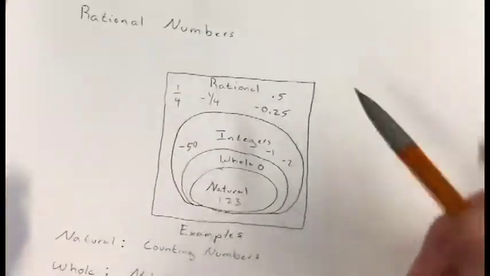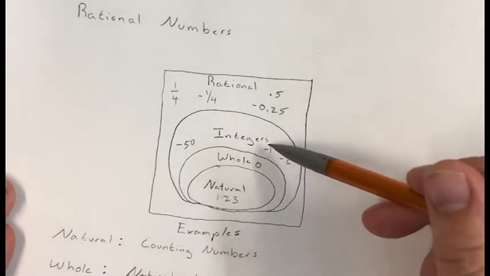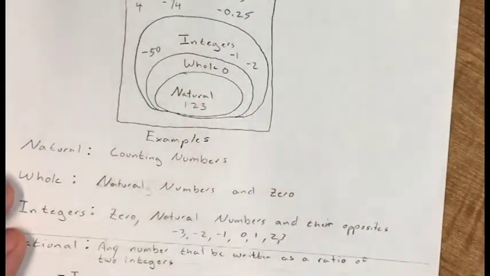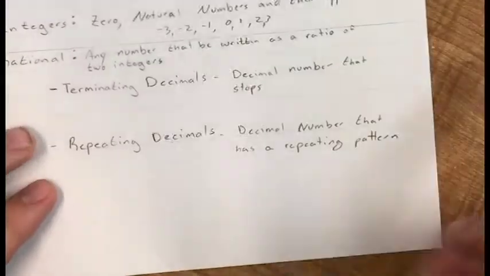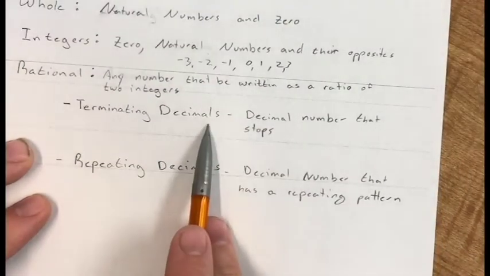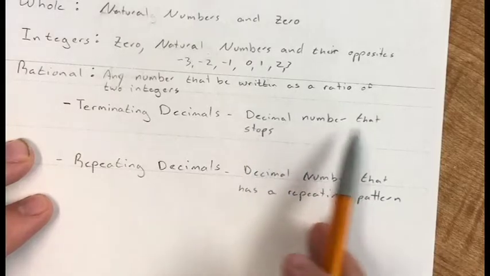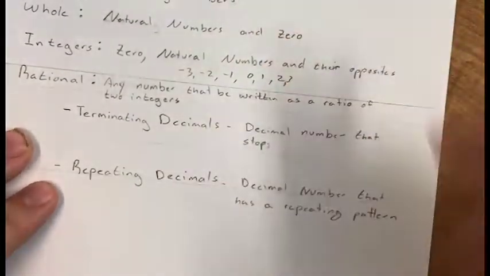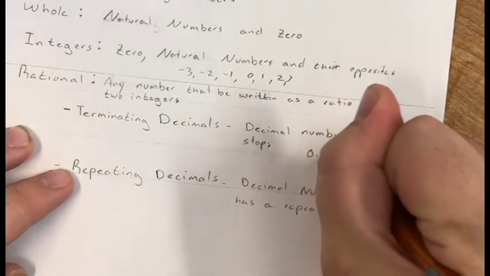Now, there's different types of rational numbers, which we already know: natural, whole, integers, basic fractions. But then we go into a little bit something here. We have something that's called terminating decimals, all right? Terminating decimals are simply decimal numbers that stop. So an example of that would literally be something like we wrote a while ago, 0.25.